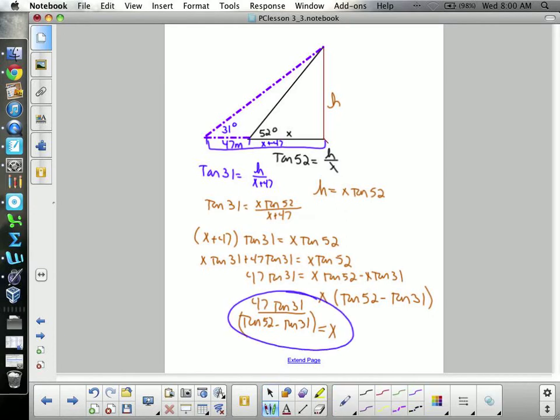And once we solve for x, then I can easily solve for h. And of course, that's going to be a real pleasure to put in my calculator: 47 tan 31, in parentheses, divided by, in parentheses, tan 52 minus tan 31.